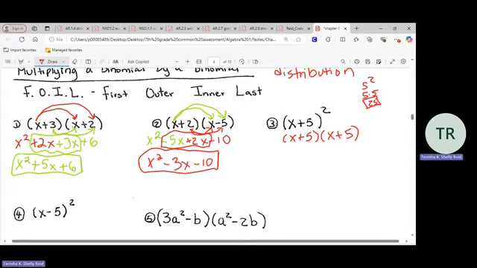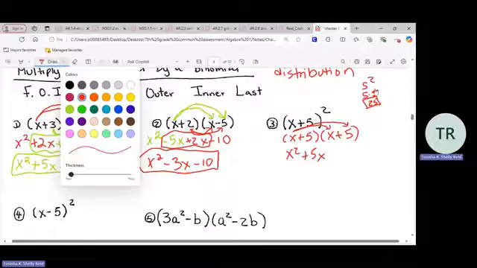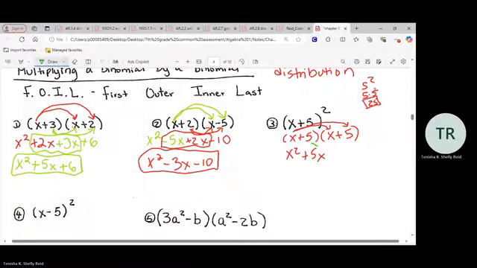All right, now that you have tried 3 and 4, let's go ahead and FOIL. So x times x would have given you x squared, and x times 5 would have given you 5x. Then you would go below. 5 times x would give us 5x, and 5 times 5 would give us 25.